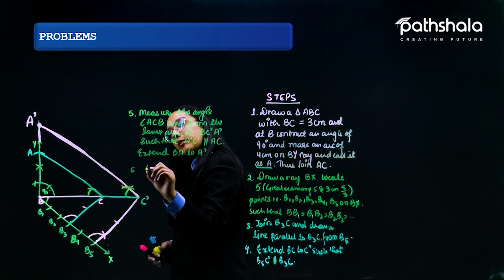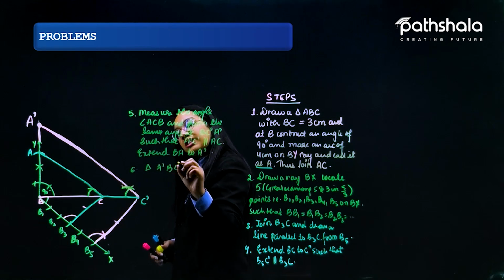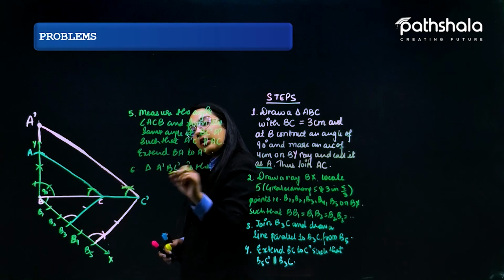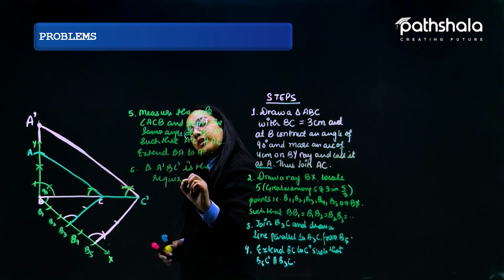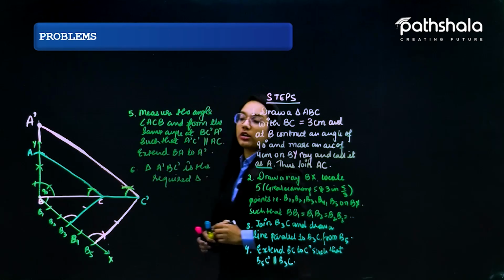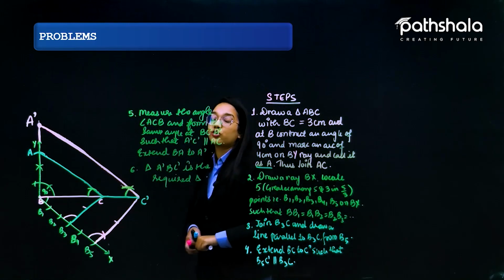Then the sixth point: triangle A dash B C dash is the required triangle. So this is all about the construction of this triangle.